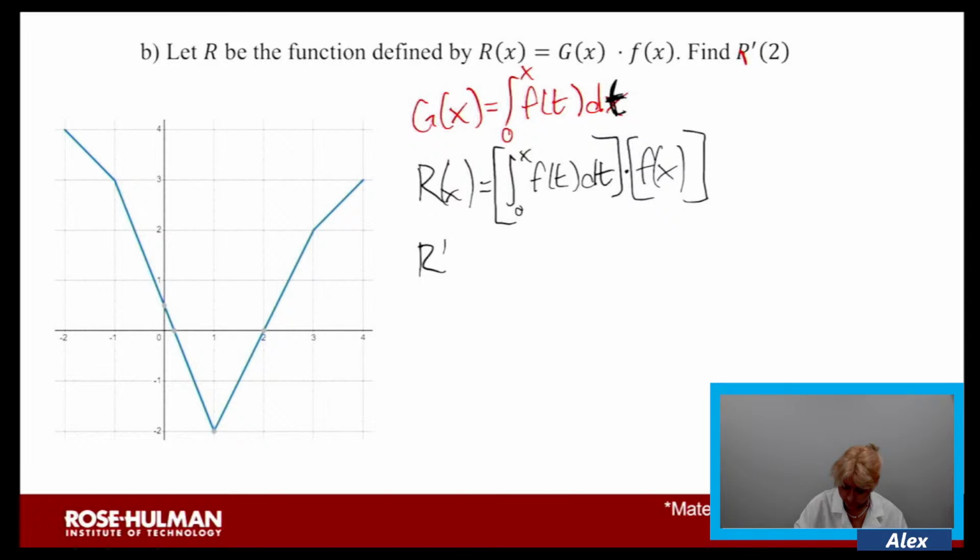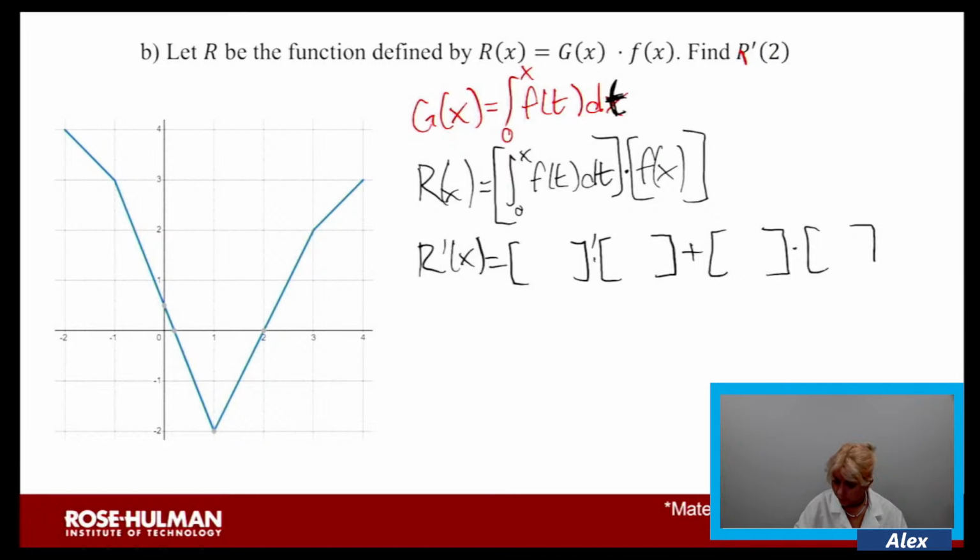So r prime would be, and we need to use the product rule for this, so we'll take the derivative of the left side times the right side plus the left side times the derivative of the right side.